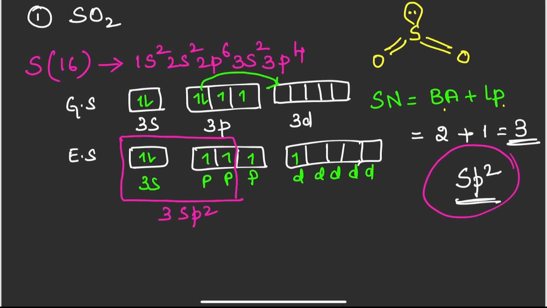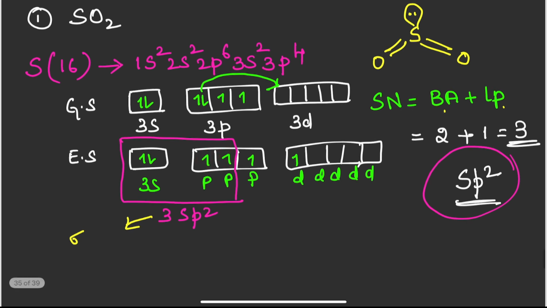Students, always remember that hybrid orbitals always form sigma bonds. So a sigma bond will be formed. Can you see the electron pair here? This electron pair is nothing but this electron pair. These 2 electrons in the hybrid orbital form a sigma bond.